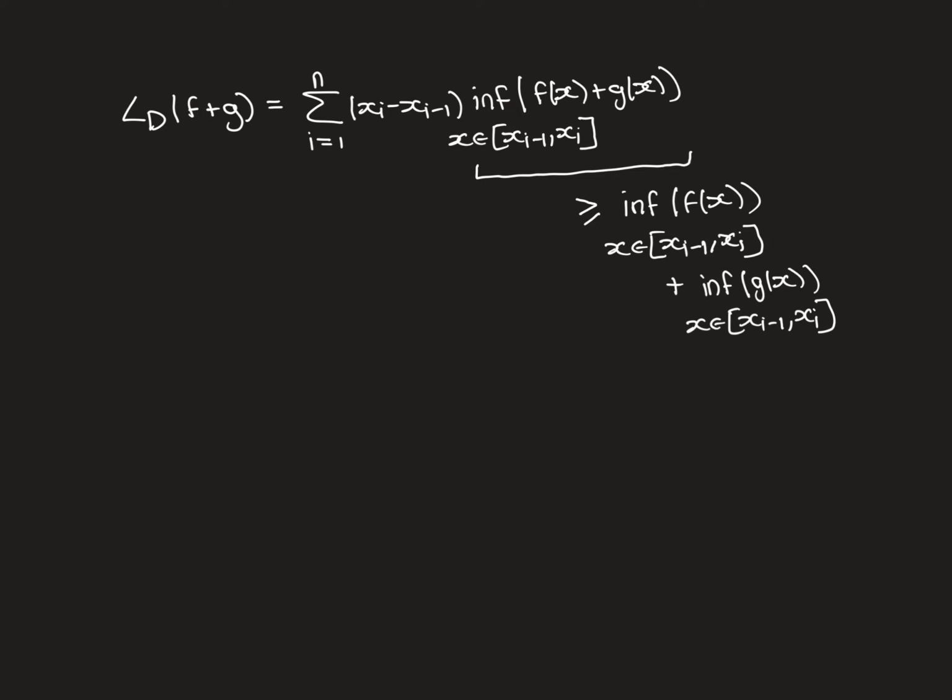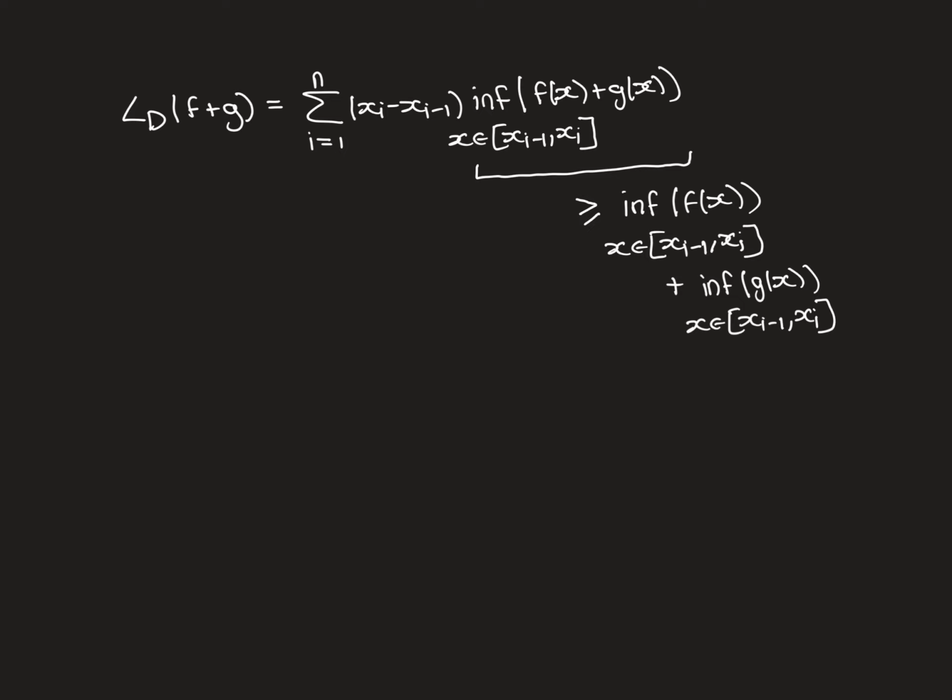It will be strictly greater than it, because at any place where f obtains its minimum, g isn't obtaining its minimum, so it will be bigger than this. And at any point that g obtains its minimum, f won't be obtaining its minimum, so it will be bigger than this. And at any point where neither of them are attaining their minimum, both of them are going to be bigger than this.